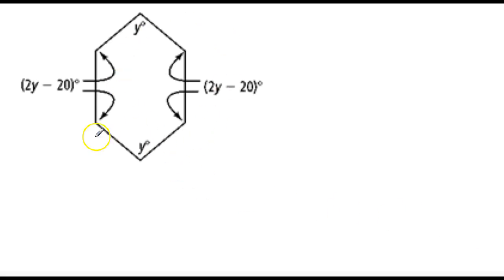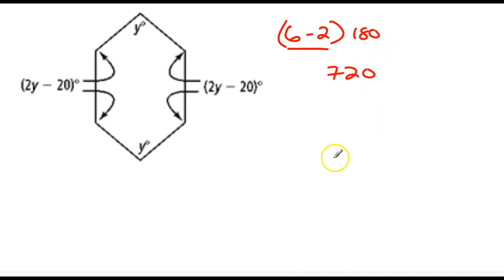So here's a case where it's irregular. One angle is y, this angle is y, this is 2y minus 20. So this is a 6-sided figure. So if I say 6 minus 2 times 180, I get the sum of all the angles. It's a hexagon. It's going to add to 720 because 6 minus 2 is the number of triangles. It's going to be 4. 4 times 180 gives you 720.